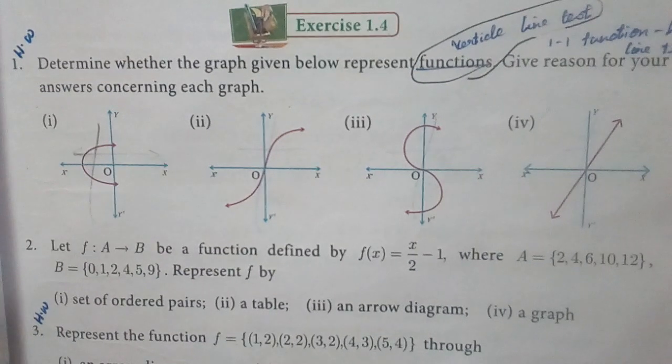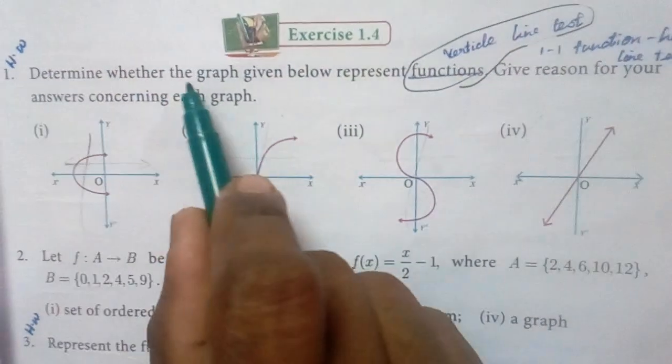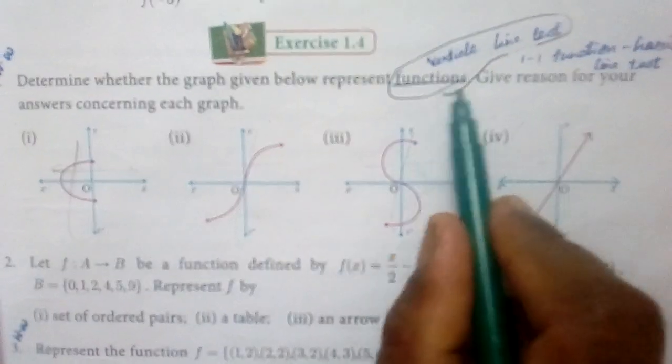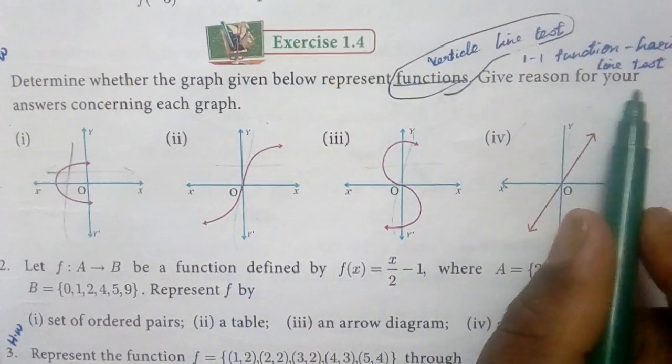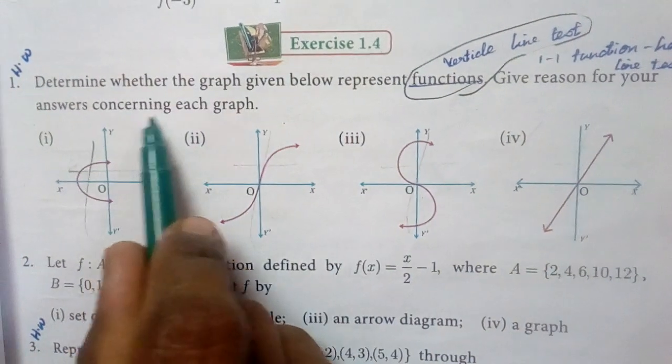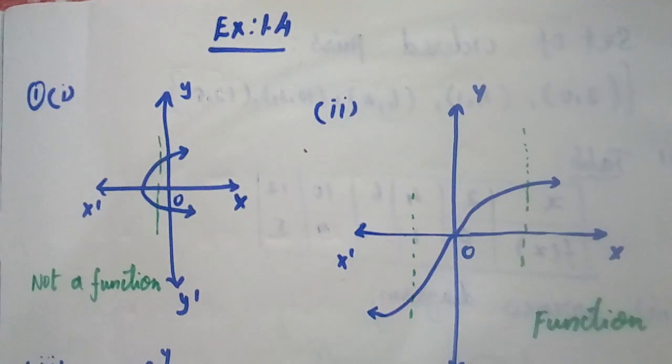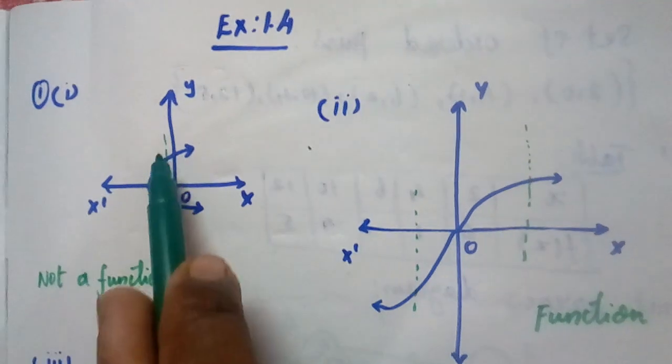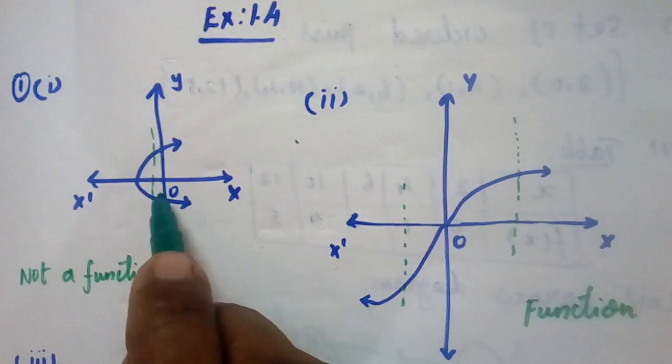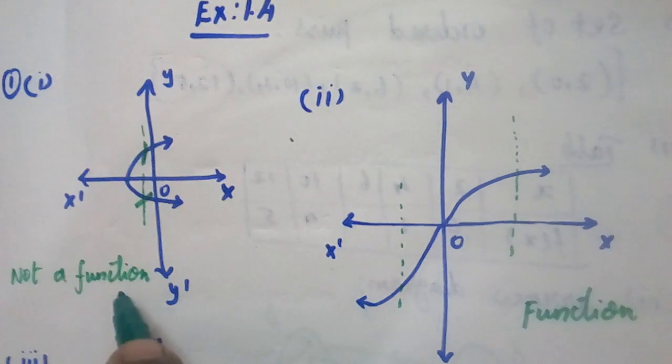Now exercise 1.4, the first problem. Determine whether the graphs given below represent functions. Give reason for your answer concerning each graph. The first graph, the vertical line intersects at 2 points, so it is not a function.